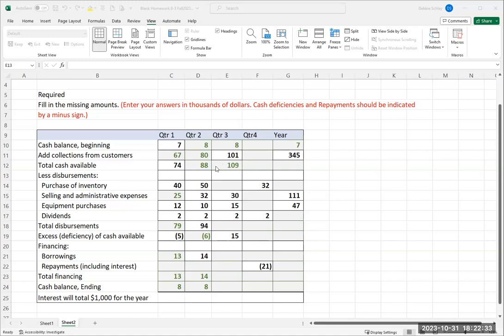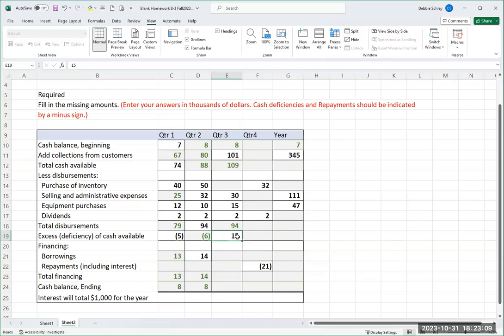Oh, let me rephrase. So I know that my total cash available minus my total disbursements equals excess or deficiency of cash. And so I know that I can reverse engineer this and take my 109 minus my excess or deficiency of cash, and that is going to give me what's left over has to be my total disbursements. And so to check that, 109 minus 94 equals 15.